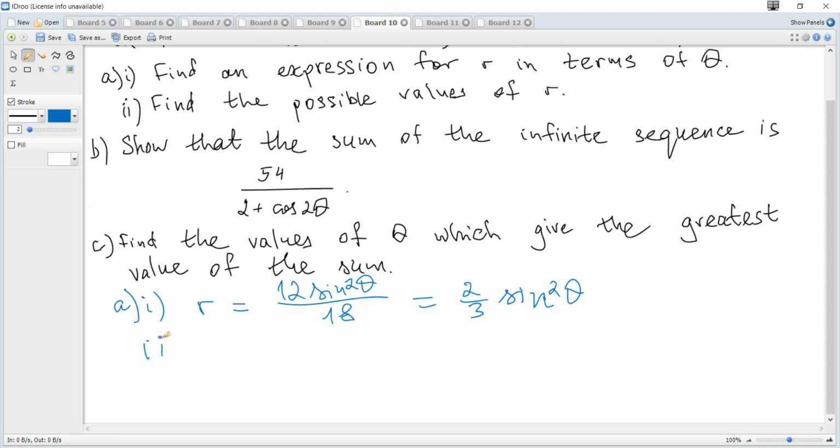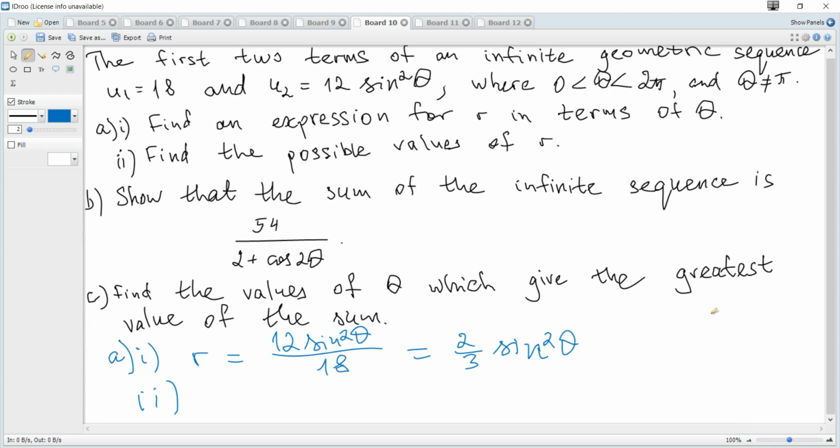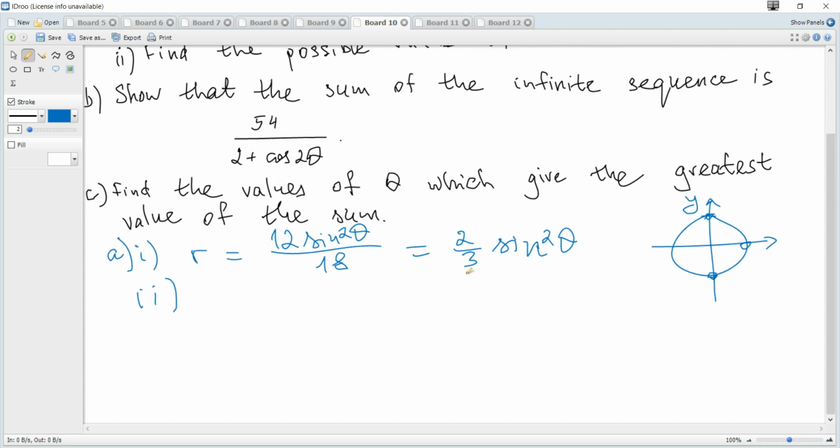Next, find the possible values of r. We can see that theta changes from 0 to 2 pi, and 0 and 2 pi are excluded. It's because sine of 0 or 2 pi is 0 and r is 0, which is impossible. Sine value is the y coordinate, so sine of theta changes from -1 to 1 included, and sine of theta cannot be 0.